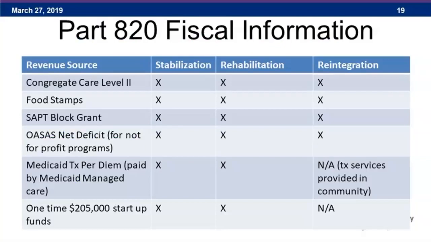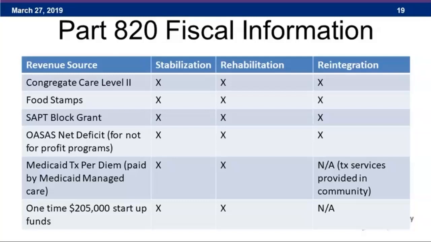What that did was allow for the stabilization and the rehabilitation elements, in addition to the previously existing funding sources that you see listed here, which includes congregate care, food stamps, the block grant, OASAS net deficit funding. In addition to those pre-existing funding streams, which remain upon conversion to the 820 elements, the stabilization and the rehabilitation elements are also able to secure a per diem payment for the treatment services that are delivered in those two elements. That per diem payment runs through the Medicaid managed care companies.